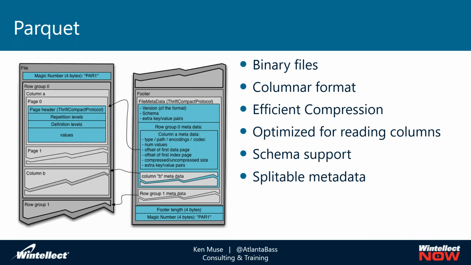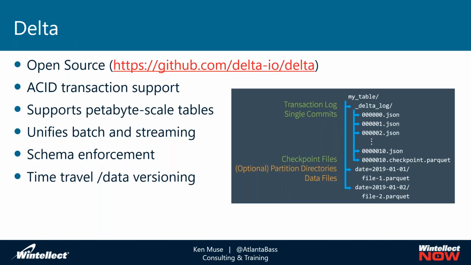So what the Databricks team has done is they created a format called Delta. And it takes advantage of the features of Parquet, along with some additional Parquet and JSON files for tracking changes, to give us ACID transaction support in the data lake.